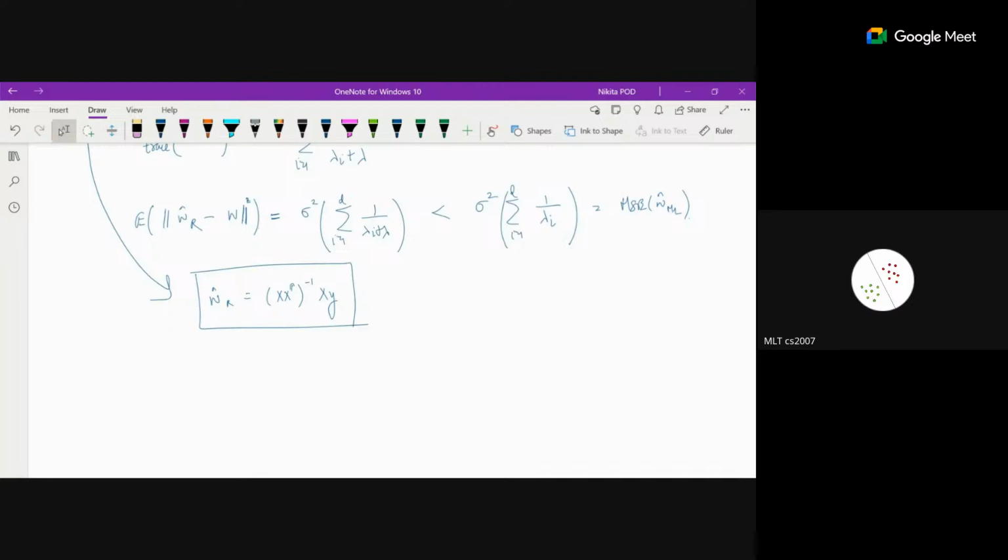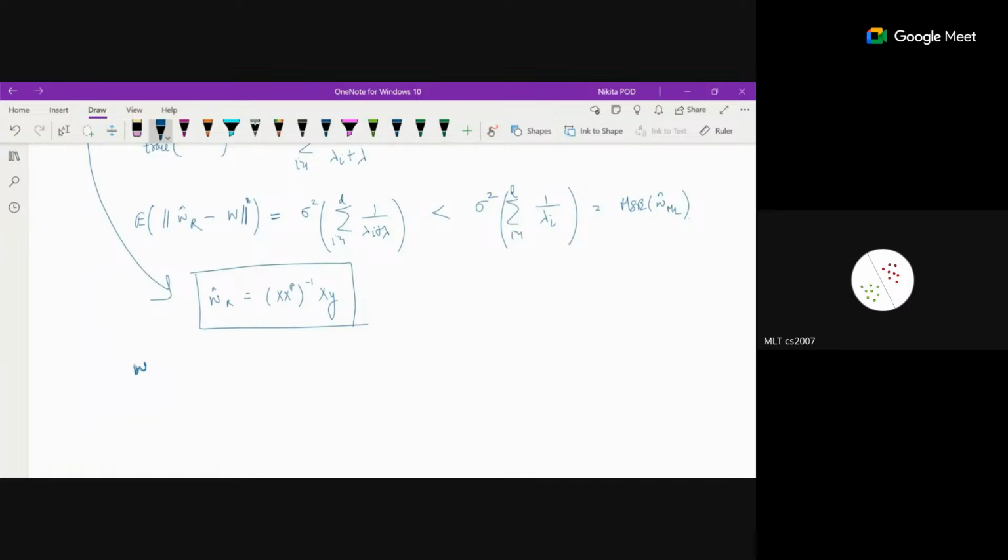And our goal is still the same, that we wanted to estimate this W. If you recall, in the Bayesian modeling, your parameter was not a constant, but a random variable.